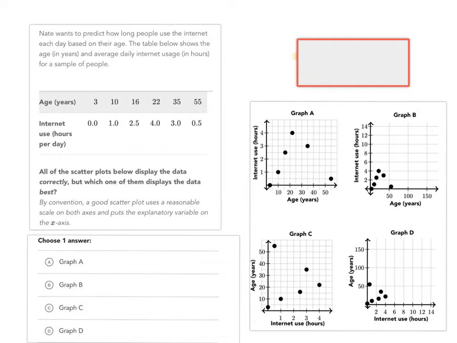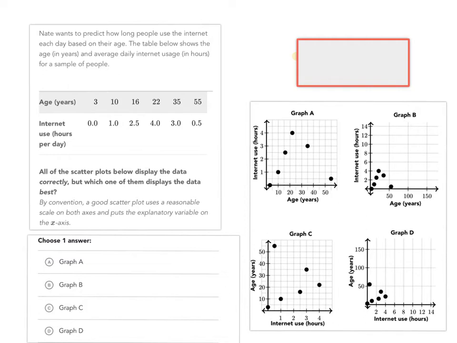So let's take a look at our prompt. Nate wants to predict how long people use the internet each day based on their age. The table below shows the age in years and the average daily internet usage in hours for a sample of people.